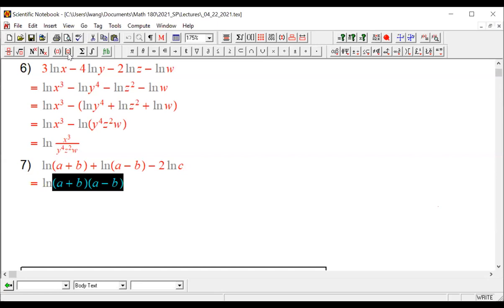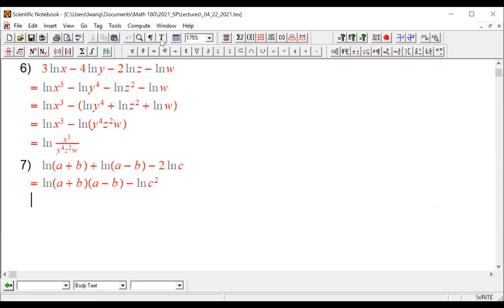If you like, you can put a bracket, but it's not necessary. The next step is the quotient rule, so ln of (a + b)(a - b) over c squared. Some people write it in factored form or expanded form, a squared minus b squared, and that's fine too. That's it. You're done.